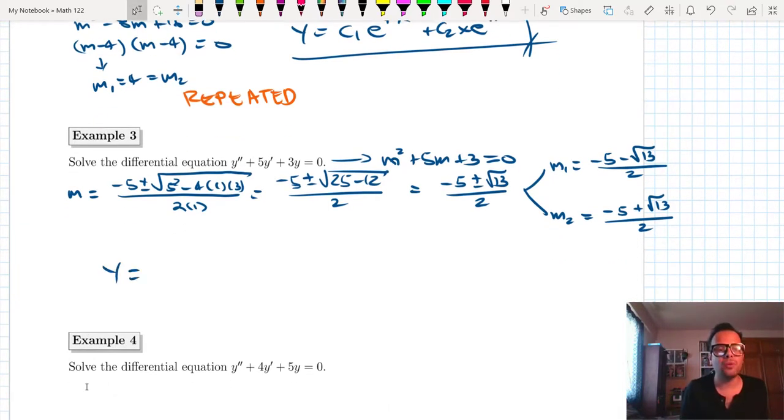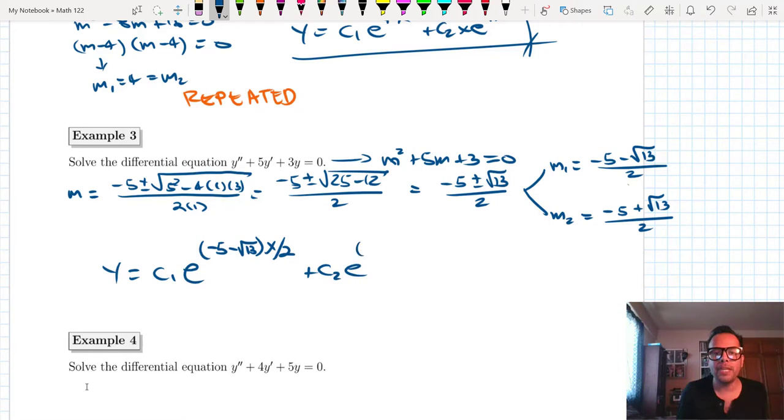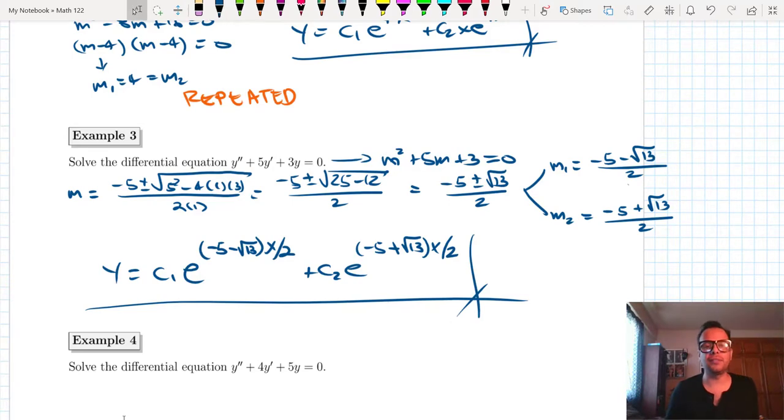So y equals c1 e to the, okay, how to write this? Negative 5 minus square root of 13 times x divided by 2. Notice because of the 2 in the denominator, plus c2 e to the negative 5 plus the square root of 13 times x divided by 2. And that is the solution to this differential equation.